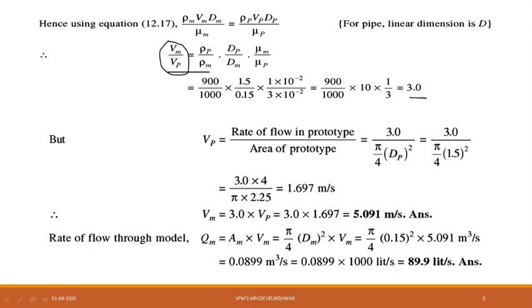Now Vm by Vp, that is from Reynolds number. But we have to find separately what is the value of Vm and what is the value of Vp. We have to separate this value. What is the formula for velocity?